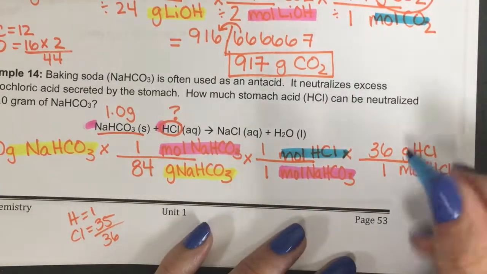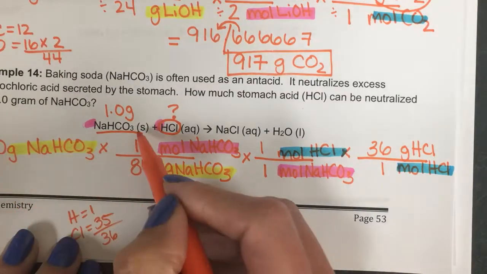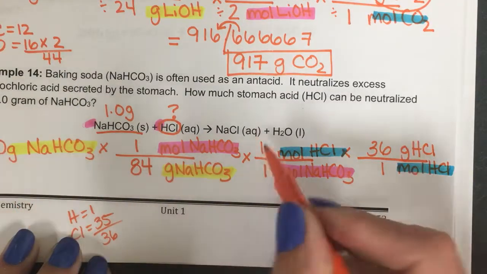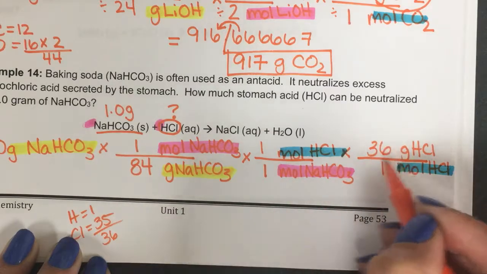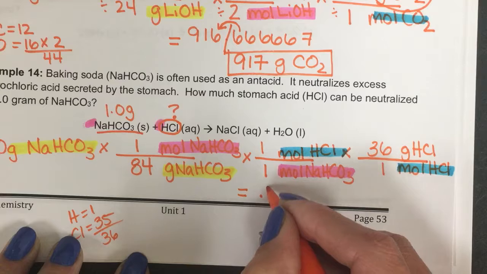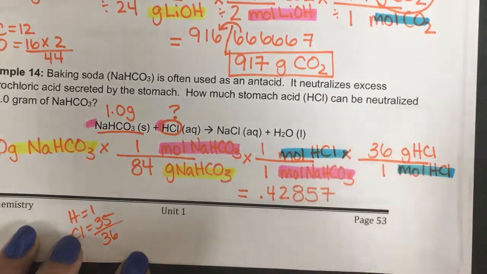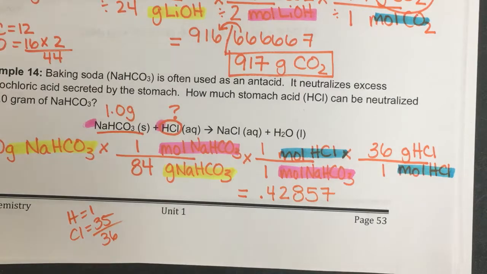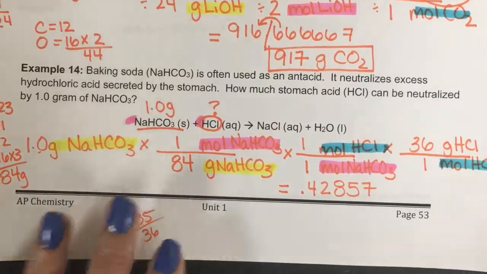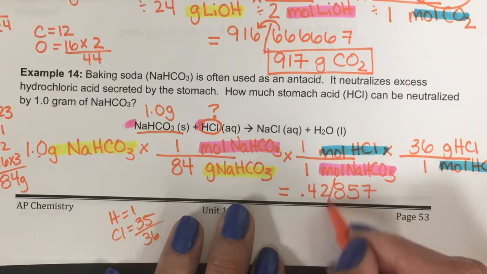Okay. When I plug this into my calculator, 1 divided by 84, I ignore all the ones, times 36, I should get 0.42857. In this problem, I started with 2 significant figures, 1, 2.